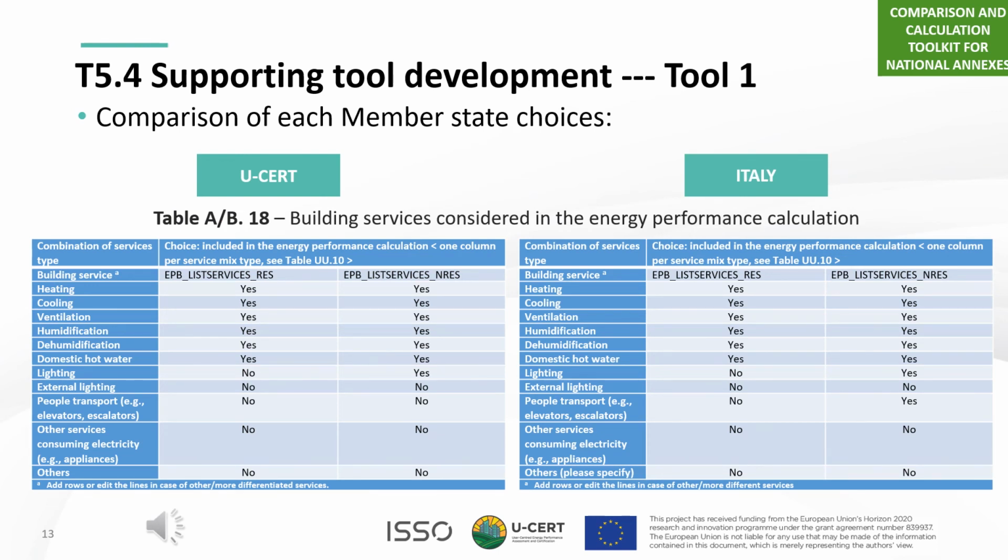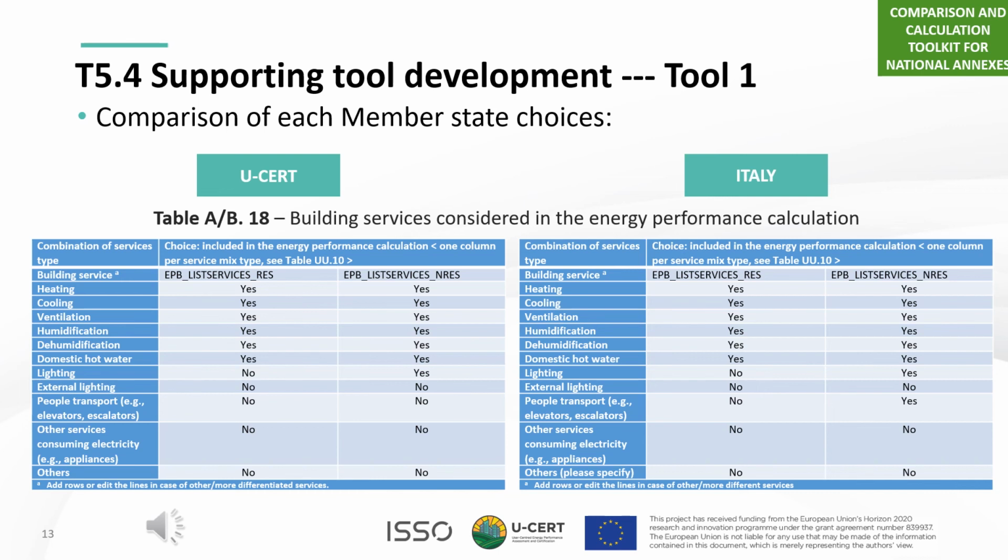In this slide, we can see an example of a cross-comparison between U-CERT's and Italian choices made on table AB18. That is one of the tables listed in the previous slide belonging to standard EN ISO 52000-1 and selected within U-CERT task 3.1. This table is related to the building services considered in the energy performance calculation.